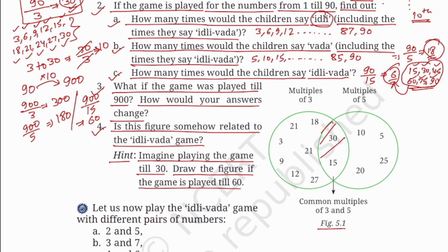In the first circle, you can see multiples of 3 such as 3, 9, 12, 21, 18, 27 and so on. In the second circle, you can see 5, 10, 25, 20 that are multiples of 5, and in the middle you can see common multiples of 3 and 5.